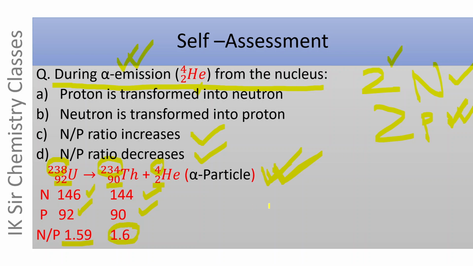It is obvious that during alpha particle emission, the N by P ratio increases and therefore the correct answer will be C. During alpha emission, 2 neutrons and 2 protons are emitted. Despite it, the N by P ratio increases.